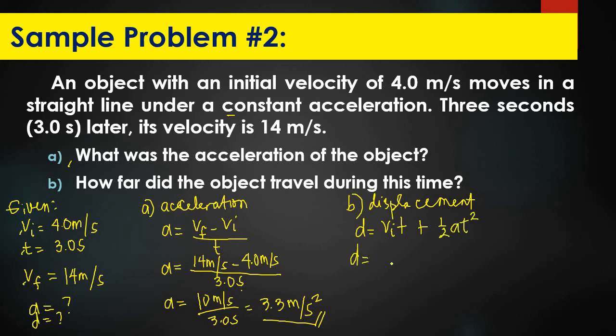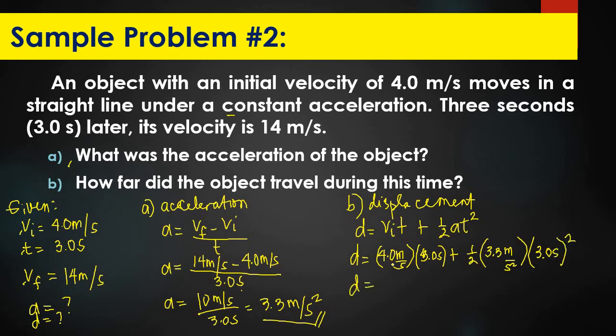So D is equal to VI, 4.0 meters per second, times 3.0 seconds, plus 1/2 or 0.5, you can replace it, times acceleration, 3.3 meters per second squared, times 3.0 seconds squared.